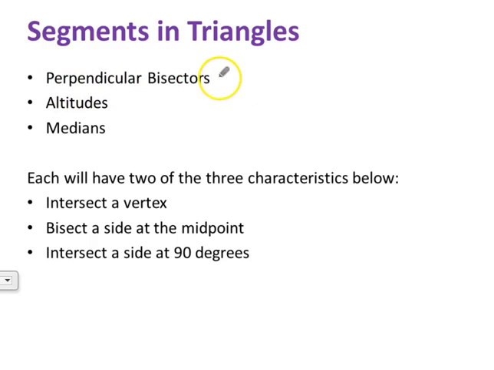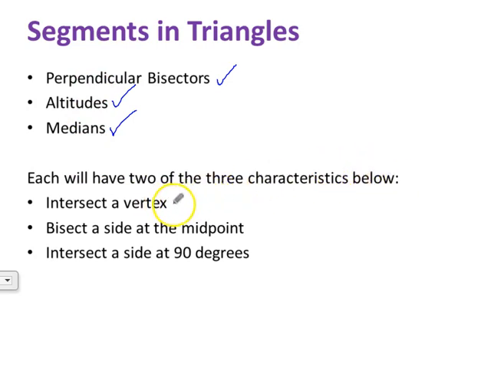And in that Google Doc, there's a graphic organizer to help us organize the different characteristics of perpendicular bisectors, altitudes, and medians. So these are three different types of special segments that we can find within triangles. And each of these segments are going to have two of the three characteristics below.